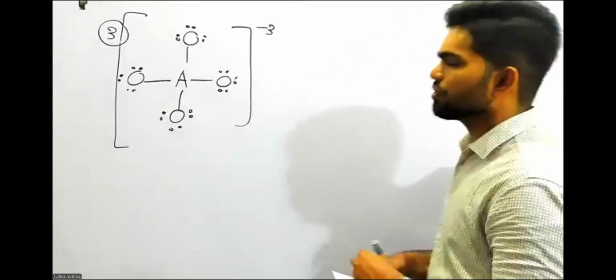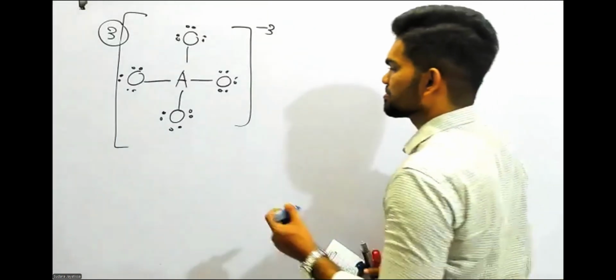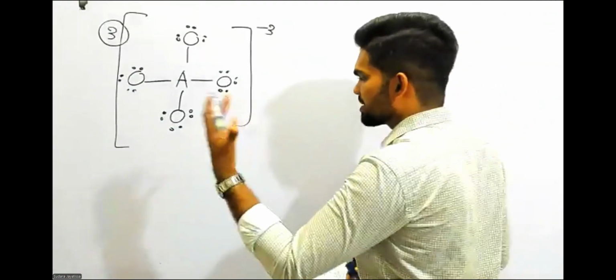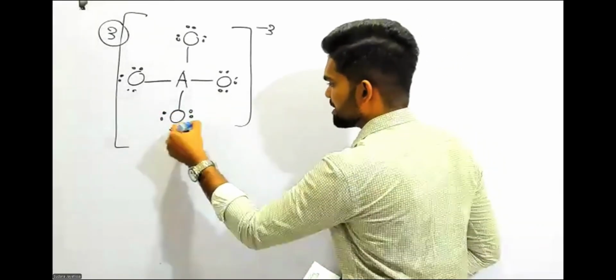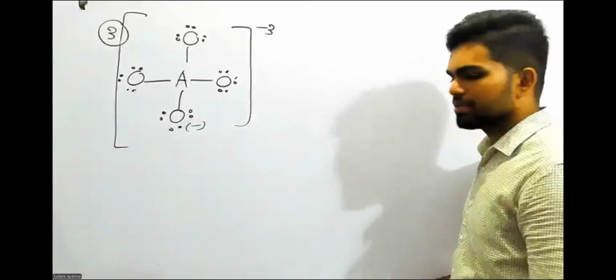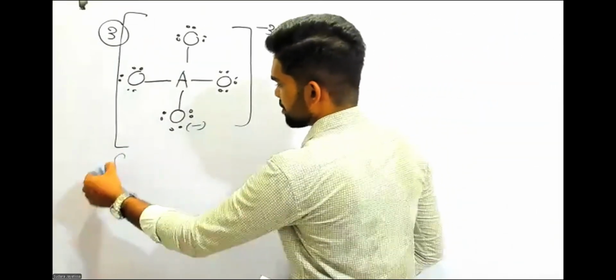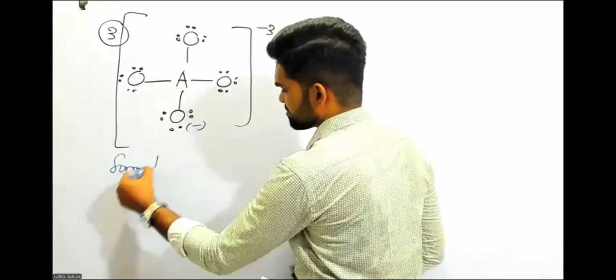So how do we get the formal charge? Shall we remind once again? So for example, if I just quickly say that one, this oxygen would be negatively charged. Understood? So how did that happen? Because for formal charge, we have a formula.